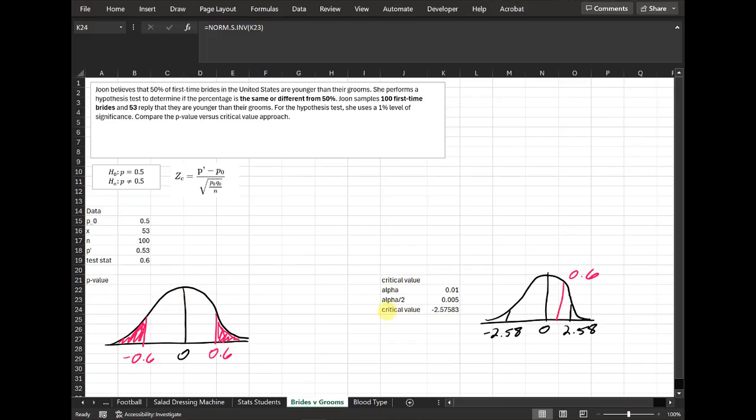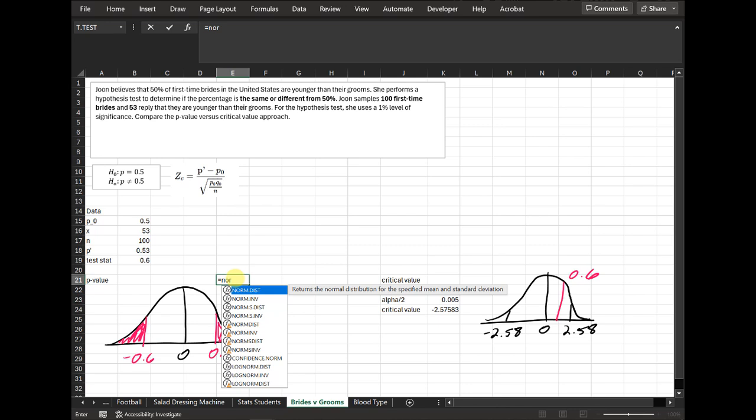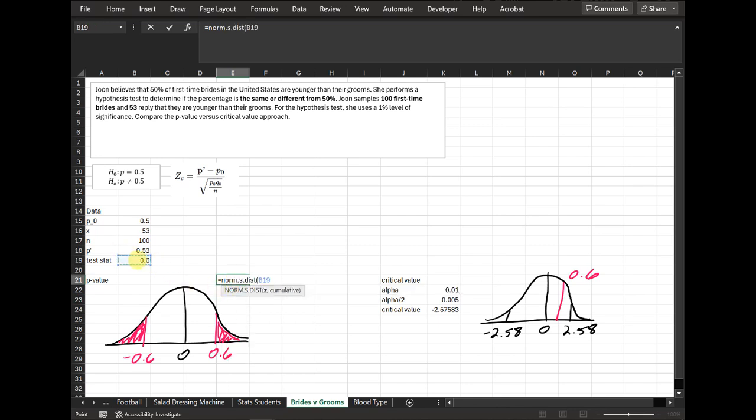Okay, so if we're doing p-value, remember this is a two-tailed test. So the p-value associated with this test statistic, I have to view as only half of the p-value, because this is a two-tailed test. I just want to mirror that on the other side so that I can then find my p-value. For my p-value, I'm going to use norm.s.dist with the test statistic.